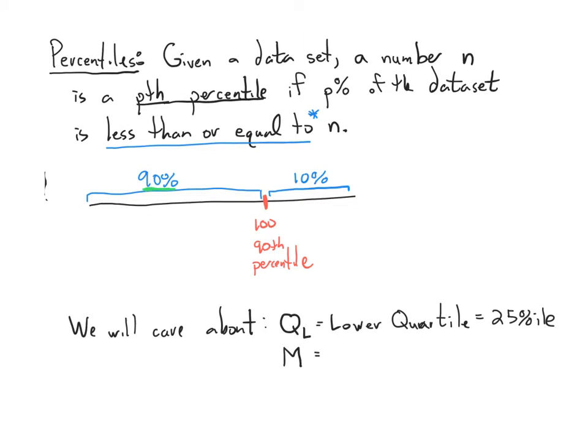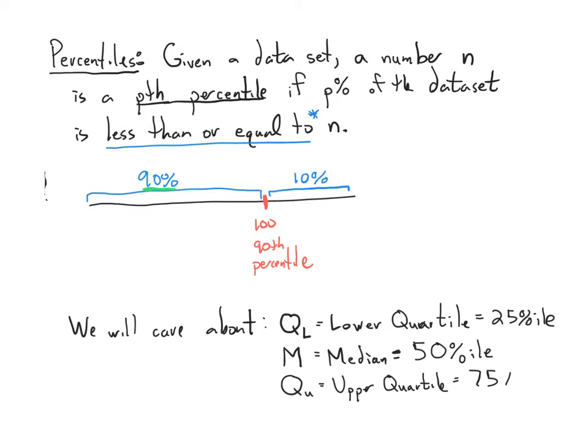The median is in fact a percentile, because remember, it splits the data exactly in half, which means 50% of the data is below the median. So it's the 50th percentile. And the upper quartile, which we'll call QU, is the 75th percentile. So 75% of the data lies below the upper quartile.